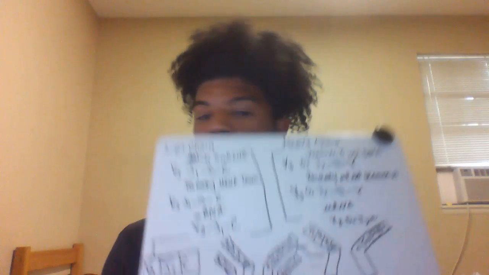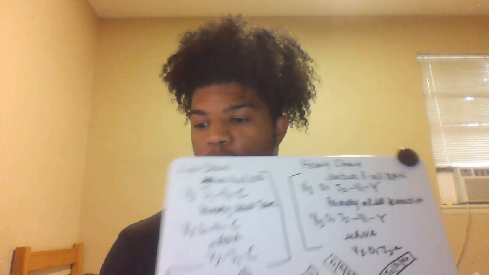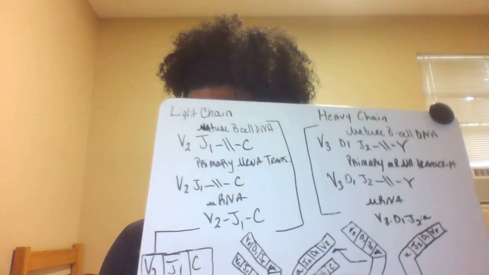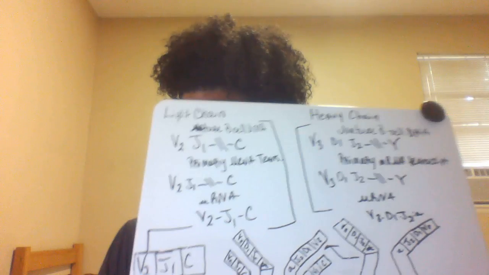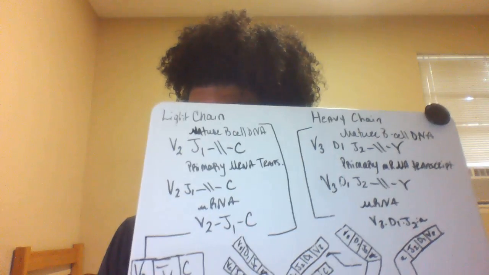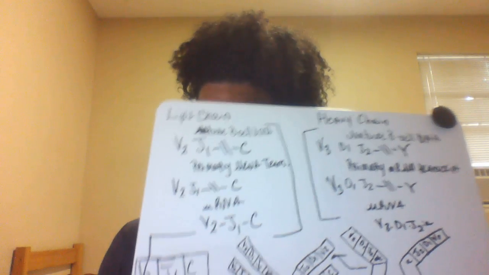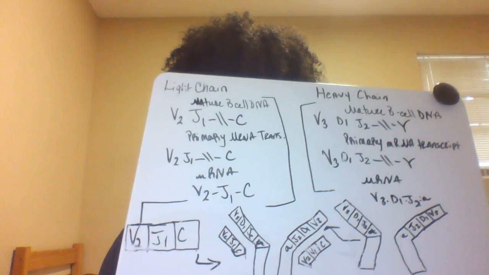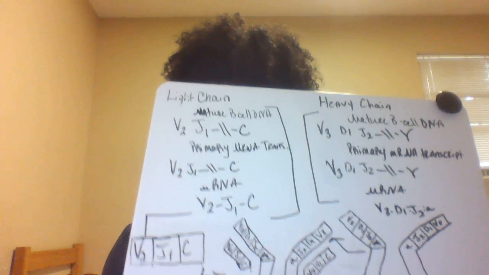So to combine them both, here's what I got. When the lymphocyte divides during maturation, its genes are rearranged and the DNA sequences are assembled by random selection of the V and J segments.